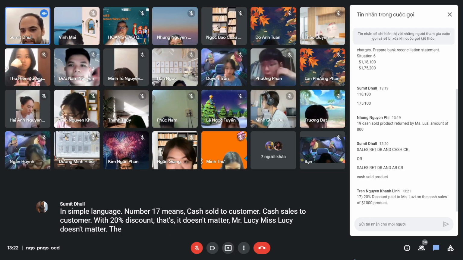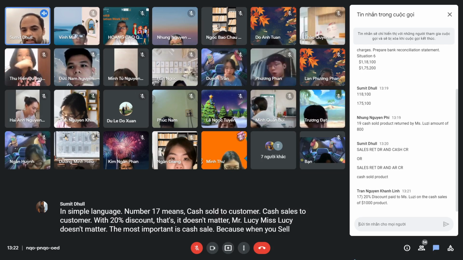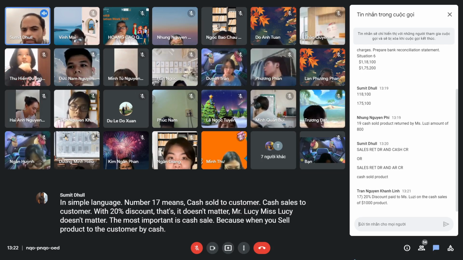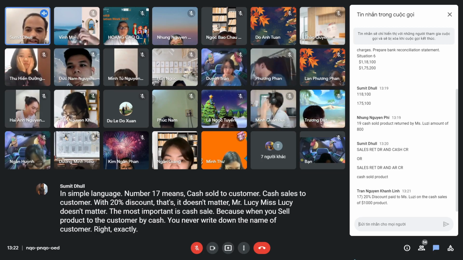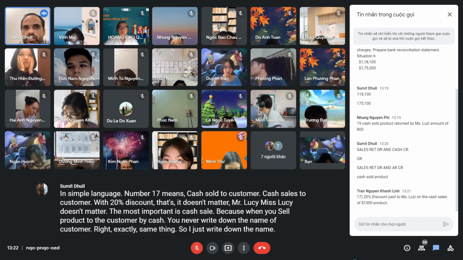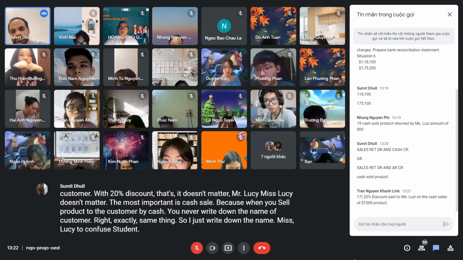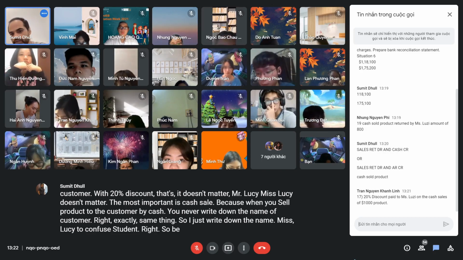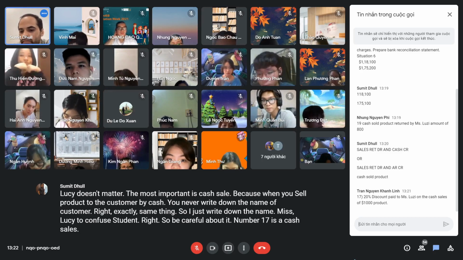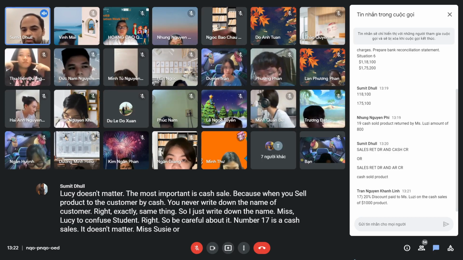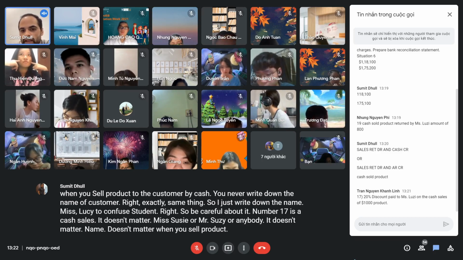The most important thing is that it is a cash sale, because when you sell product to the customer by cash, you never write down the name of the customer. I just wrote down the name Miss Lucy to confuse students, so be careful about it. So number 17 is a cash sale. It doesn't matter whether it is Miss Susie or Mr. Susie or anybody. The name doesn't matter when you sell product by cash.